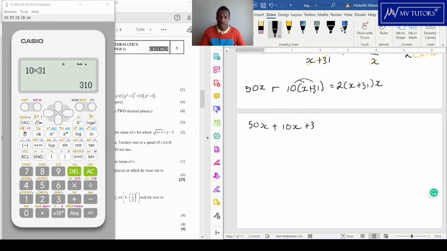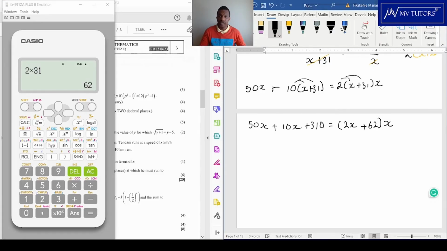Plus 30 equals, let's start with this bracket. So create a new bracket. It's going to be 2x, and then 2 times 3, that's plus 6.